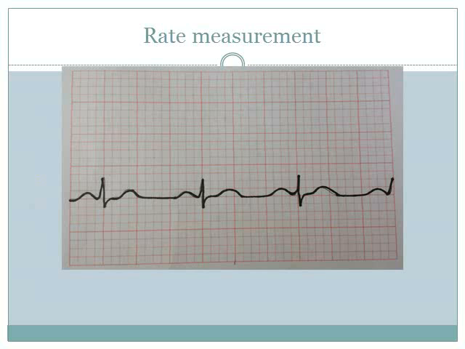Okay, so here using this strip, we are going to interpret the rate by using the first three methods I explained. So first we are going to count the number of big and the small boxes between these two QRS complexes. So you can see, this is one big box. I have to tell you something: in usual strips, in clinical settings, there are 5 small boxes within this big box.